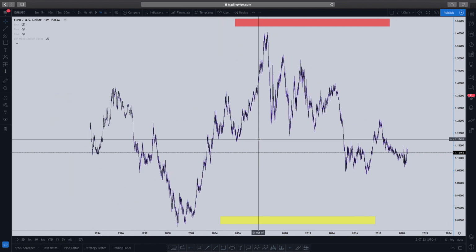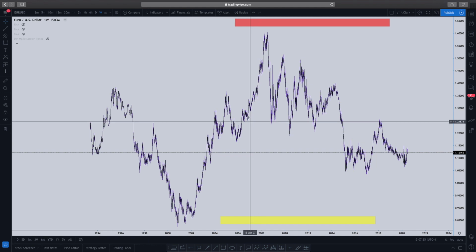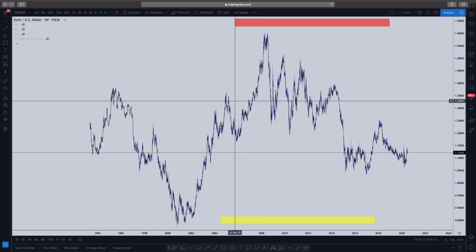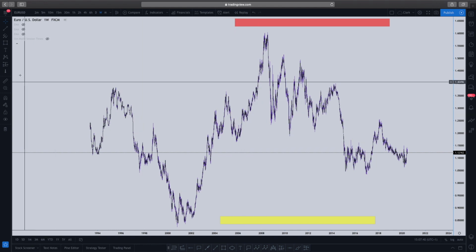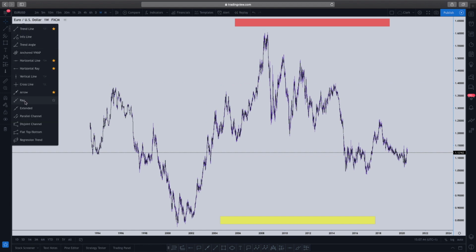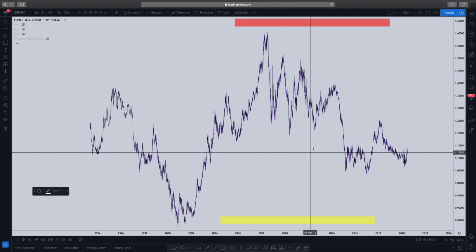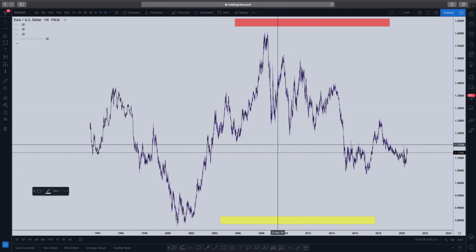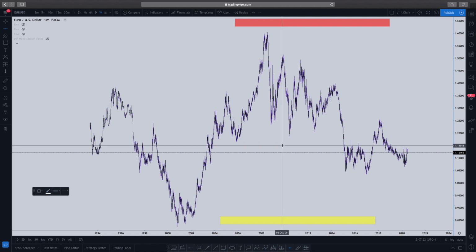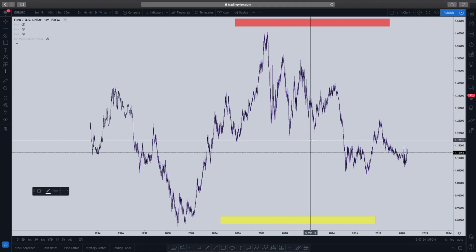We're going to look for levels where price makes both of these things occur. All right, so for example, let me draw. Let's do this, a horizontal ray or a horizontal line. I'm gonna mark it and then I'm gonna tell you why I marked it, okay?